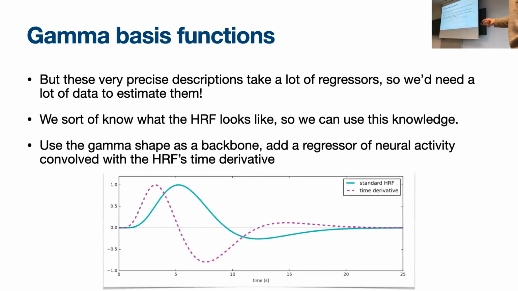And so, for example, we can use the standard HRF and use its time derivative. So the derivative of this function in time, you see it goes up until this point where the derivative goes to 0. And then the derivative is negative for this entire thing, which you see here, and then it goes up, right? So that's the time derivative of that hemodynamic response function shape.